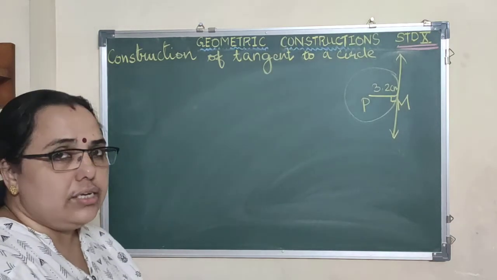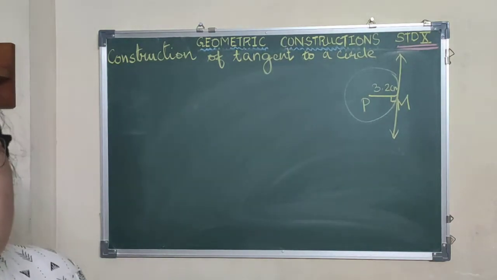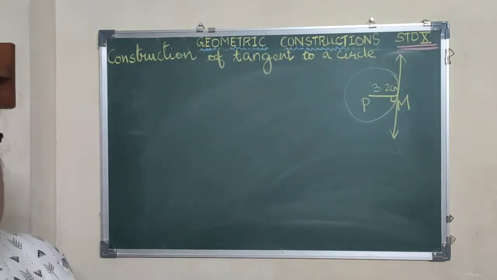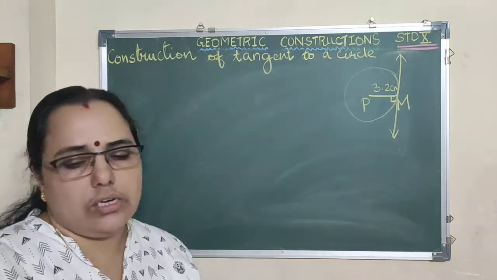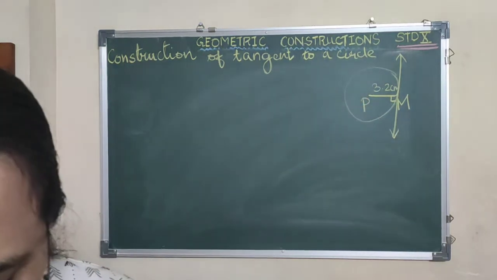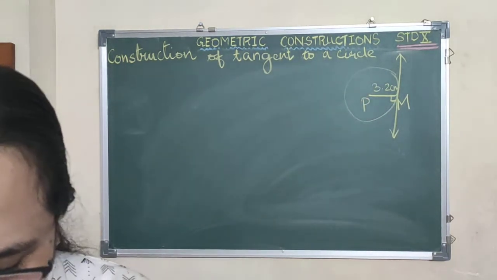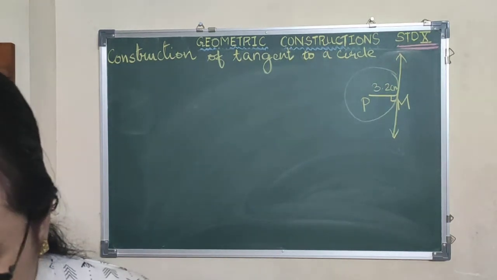So let us start. Keep your pencil, compass ready with your scale always as needed. So here we start. We have to draw first a circle of 3.2 centimeter, and I am sure everyone would love doing this.